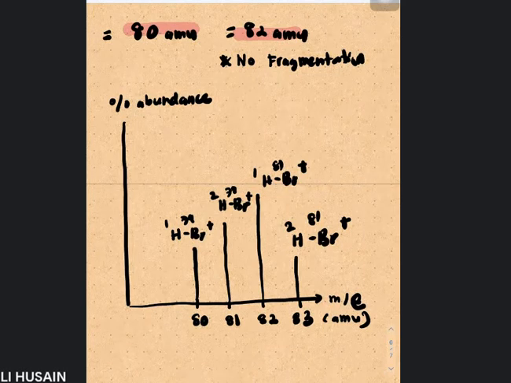So now we go to the second possibility. The second scenario is where the question says fragmentation does occur. Here I'm using blue color for fragmentation. As you said just now, if the question says there is fragmentation, we are going to see more peaks. Why can we see more peaks?